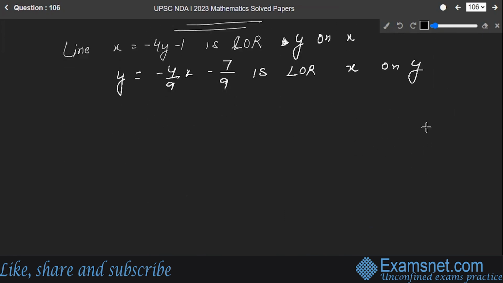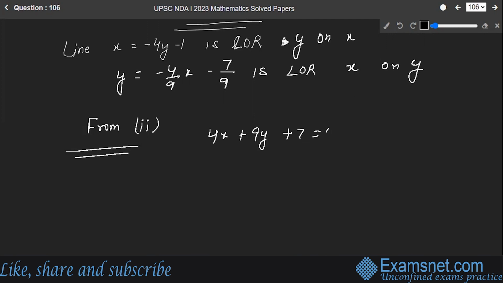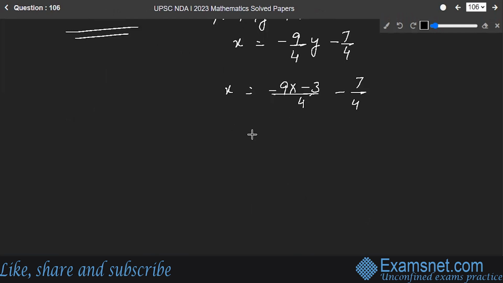Thus from 2, 4x plus 9y plus 7 is equal to 0, which gives you x is equal to minus 9 by 4y minus 7 by 4, or x is equal to minus 9 multiply by minus 3 upon 4 minus 7 by 4. That is equal to 27 by 4 minus this. That will give you 5.